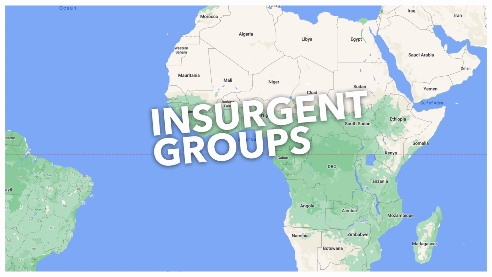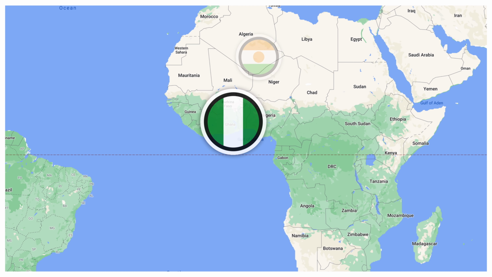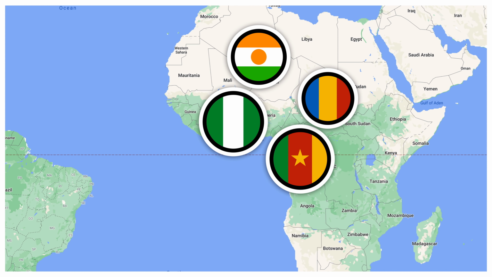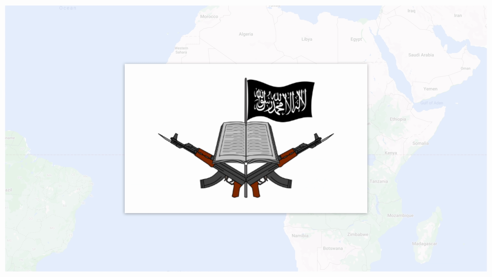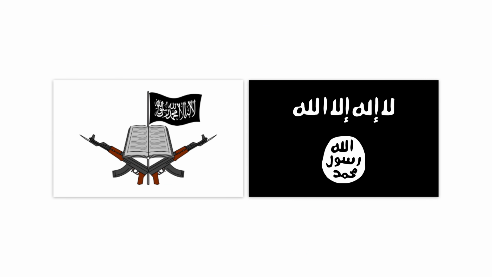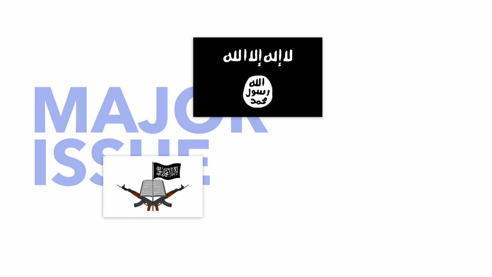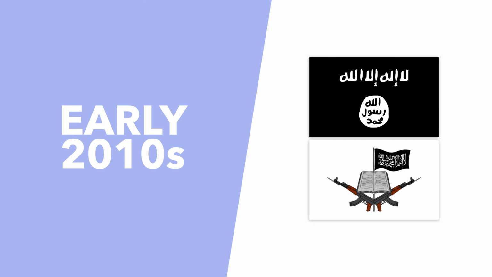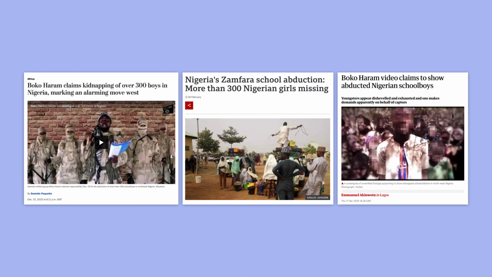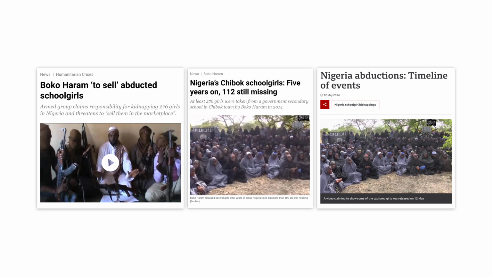This has been an issue for a while now, with insurgent groups repeatedly trying to corrupt and disrupt the politics of West African nations. But Boko Haram, Africa's largest terrorist group with links to the Islamic State, became a major issue in the early 2010s. Since then, numerous attacks, kidnappings and killings have taken place, including a major kidnapping which captured the world's attention in 2014.